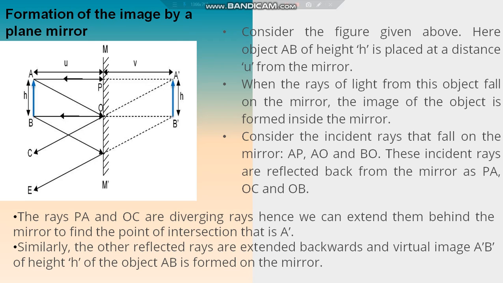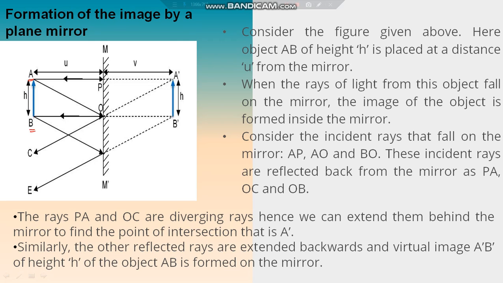As given in this figure, consider AB as your object. The rays from A fall upon the plane mirror, and the ray from B also falls upon the plane mirror, and both get reflected.